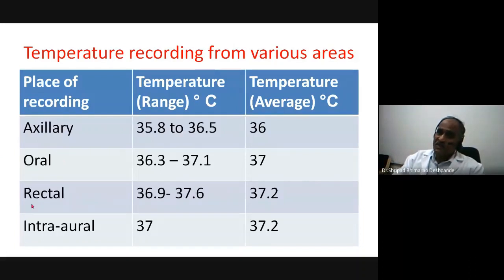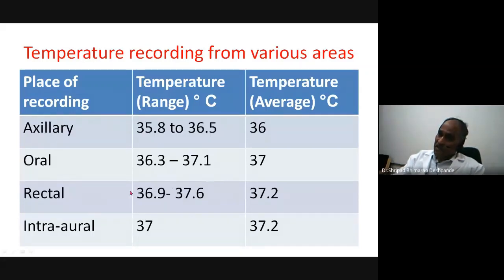Or before coming to you, I had eaten some lovely ice cream or a cold stuff, then also the temperature may go down. So for oral temperature, you have to have a certain amount of control: he settles down, has not consumed hot or cold drinks, and then you record the temperature for a period of time. Then we have the rectal temperature: insert the probe into the rectum and record the temperature.